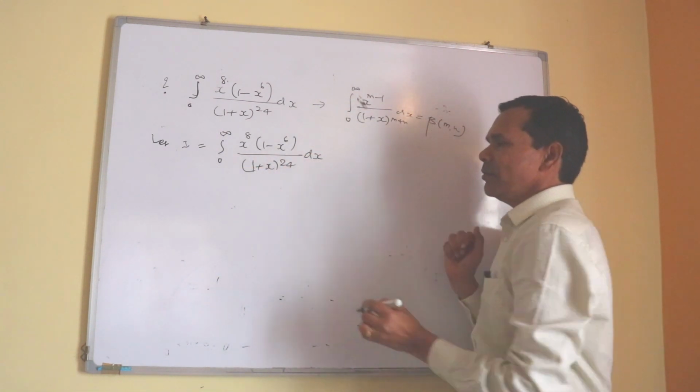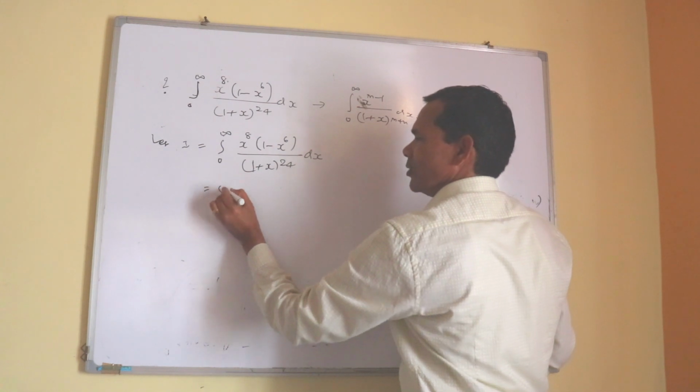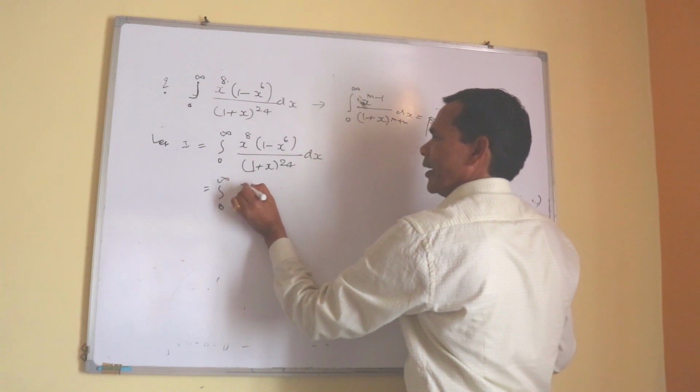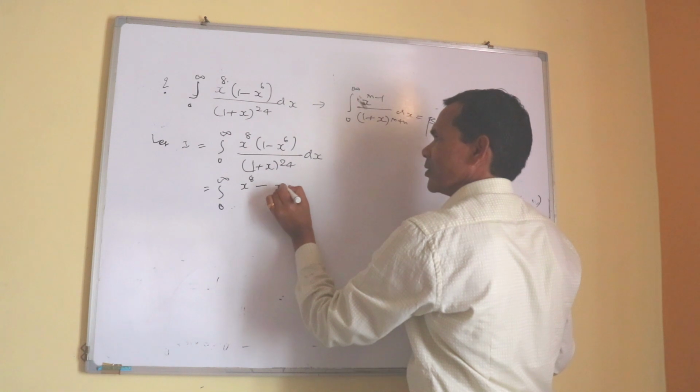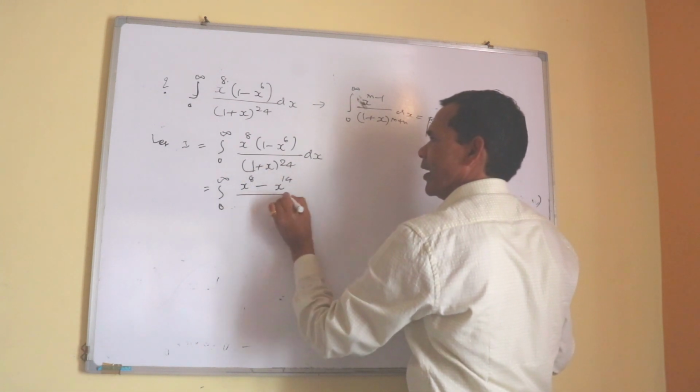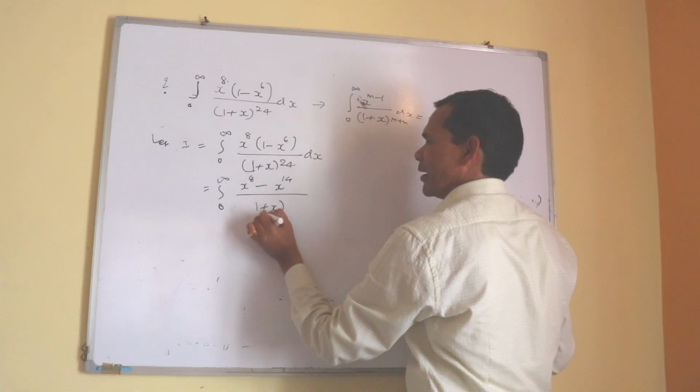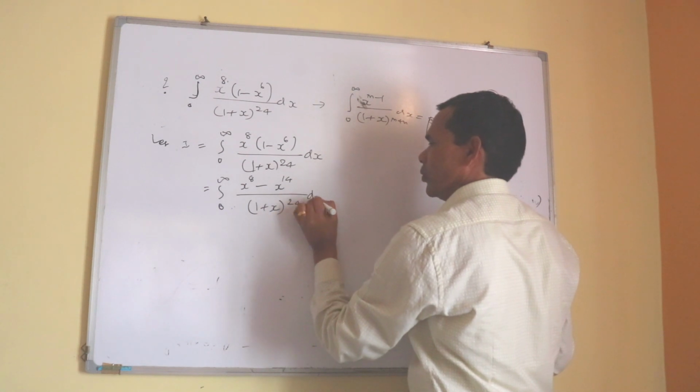Now I simplify this: the integral from 0 to infinity of (x raised to 8 minus x raised to 14) divided by (1 plus x) raised to 24, dx.